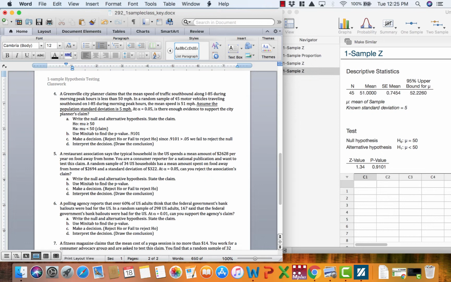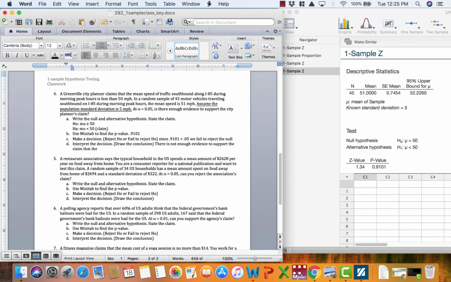What we say is there is not enough evidence to support the claim that the mean speed on I-85 is less than 50 miles per hour.